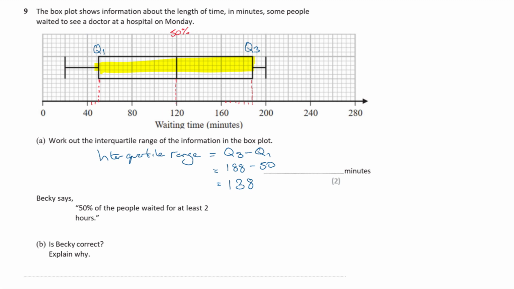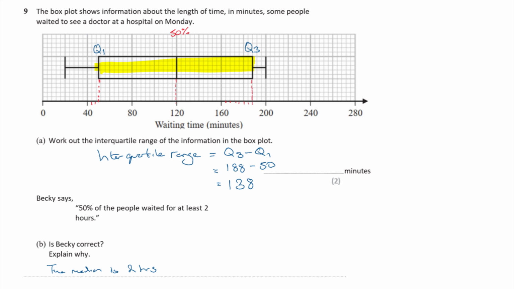So I'm going to say the median is 2 hours. So what does it mean if the median is 2 hours? It means that that middle person waited 2 hours. Everybody to the right of the median waited more than 2 hours.